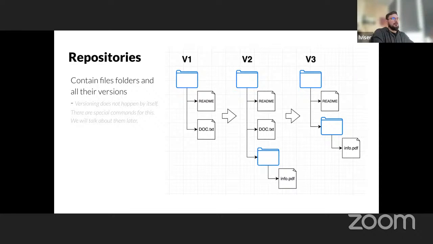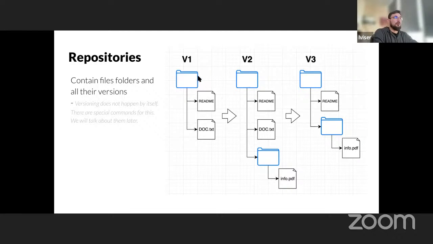It's literally your work. And you can create versions of your working directory. Think of it like a video timeline, and every frame of this timeline is a version. They are illustrated here as version 1, 2, 3.